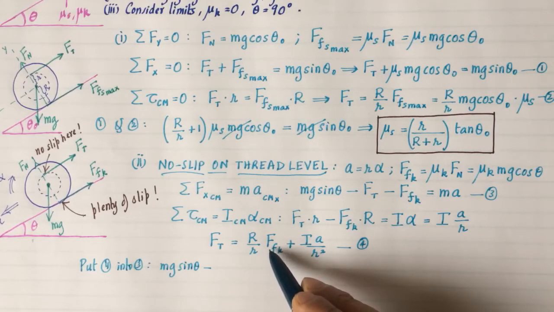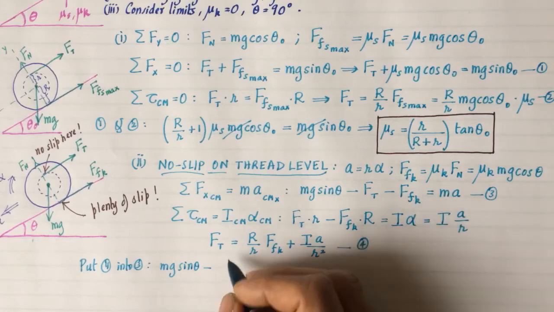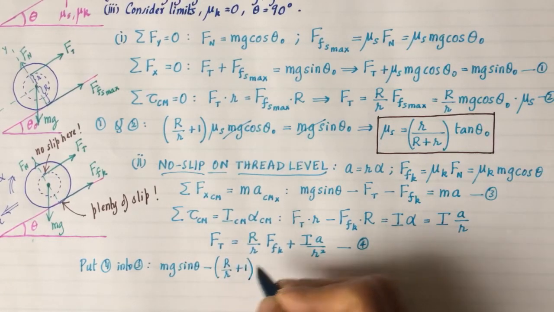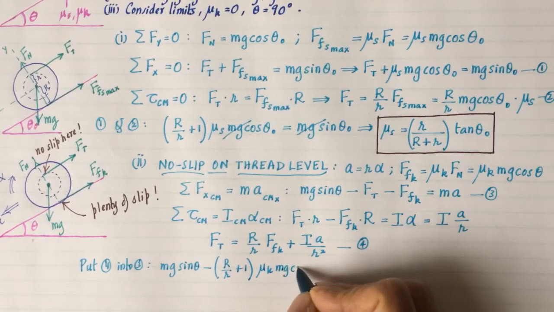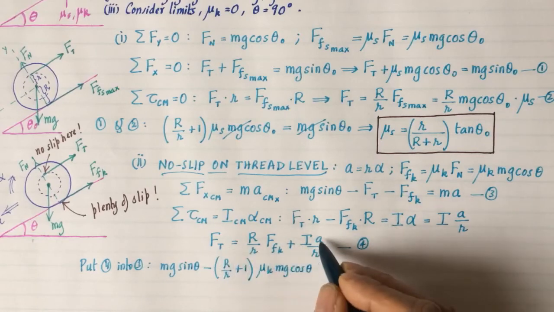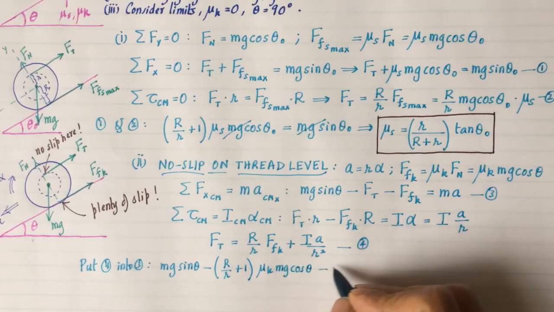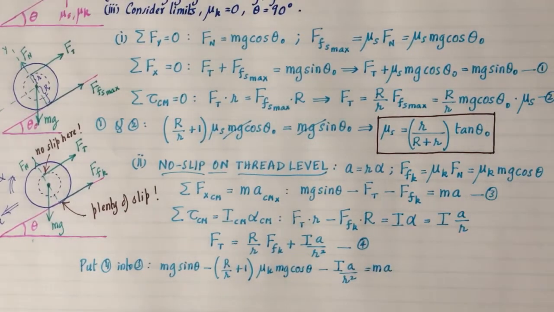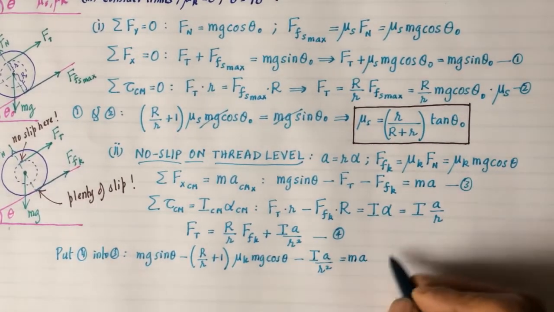So when I put the ffk term, it combines with that ffk term, so I'm going to get minus R over r plus 1 ffk, which is mu k mg cosine theta. And then because I have a negative Ft, this term also comes there, which is negative Ia over little r squared, equal to ma.